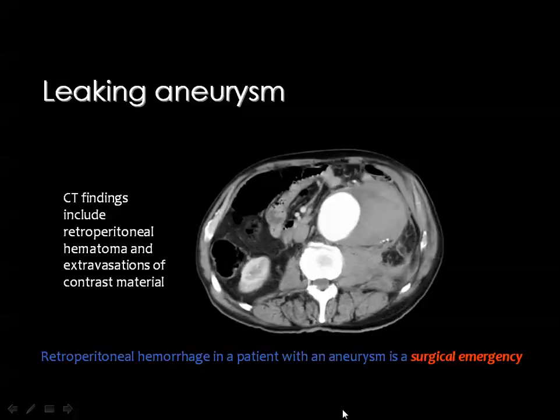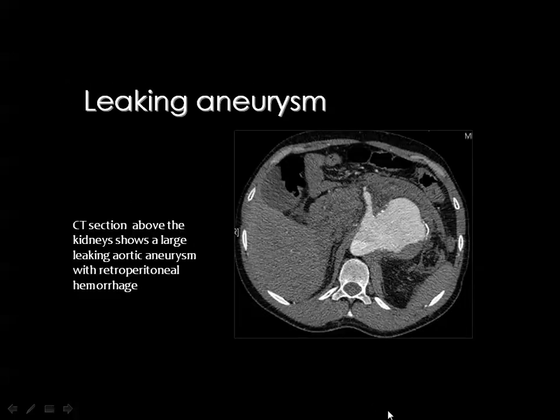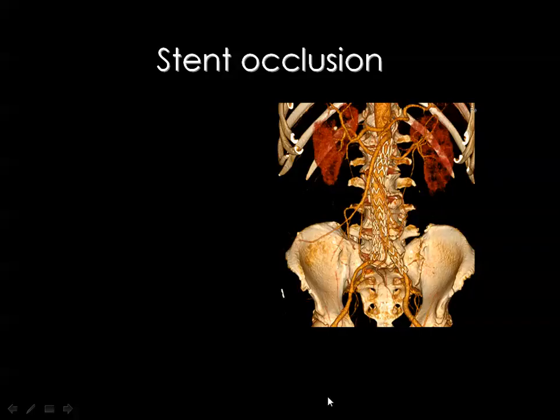And you have seen this before as an example of leaking aortic aneurysm, and this is also a leaking aortic aneurysm. You see the leakage of the contrast around the aneurysmally dilated aorta, and also you can see this relatively blood which is located in the retroperitoneal area around the aortic leak.